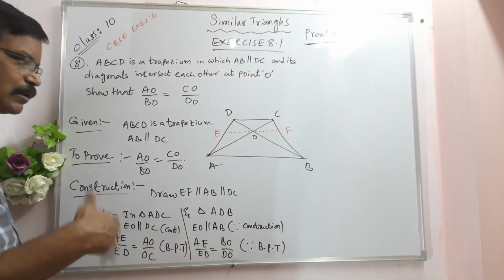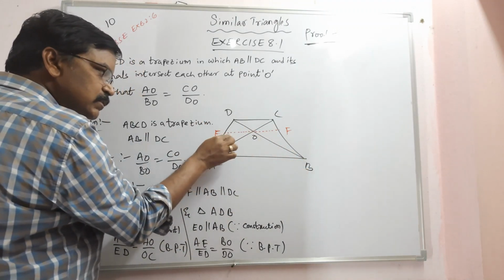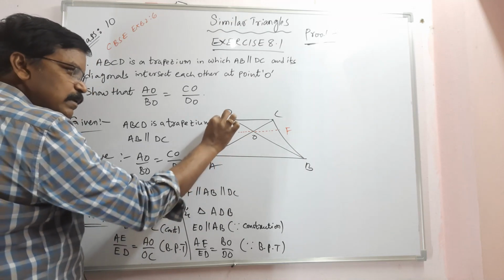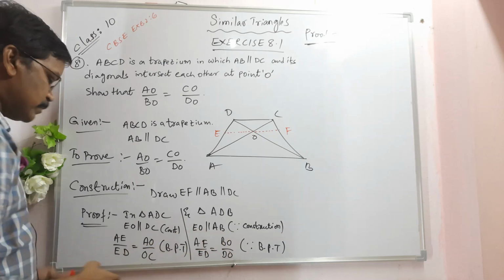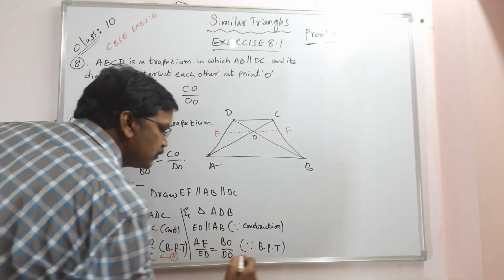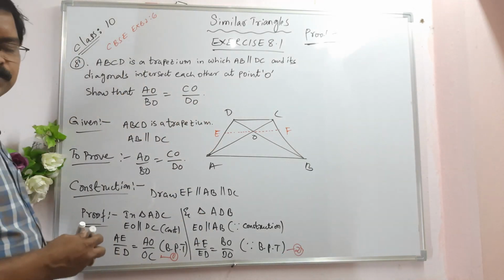Understand, students? Again I will repeat. In triangle ADB, EO is parallel to AB. Therefore, AE by ED is equal to BO by DO according to the basic proportionality theorem. This is equation 1. This is equation 2. It's like the previous sums only.